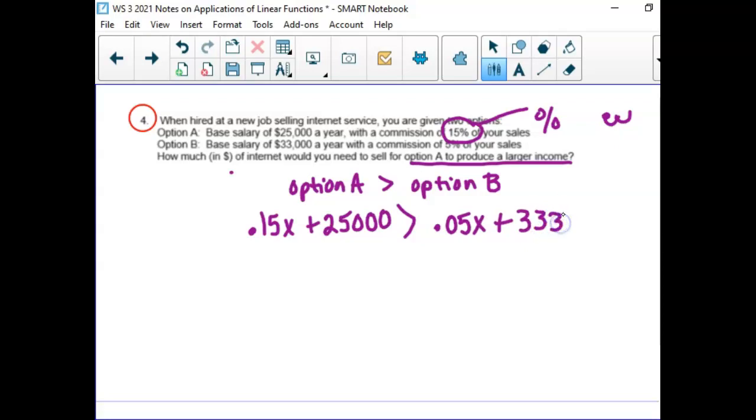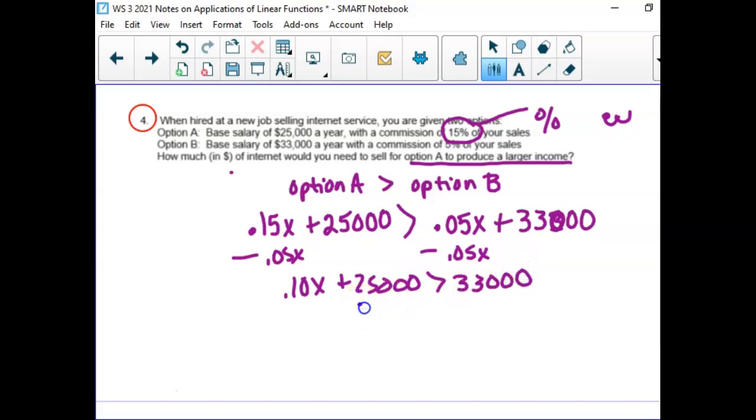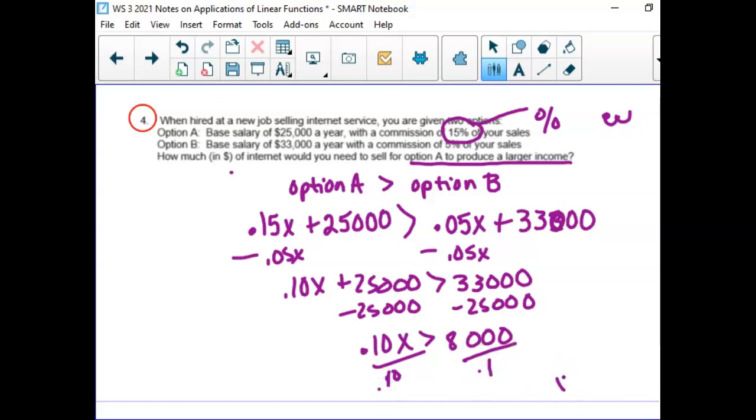Okay, can you guys solve that real quick? Let's see if I subtract. Is it 80,000 or 800,000?